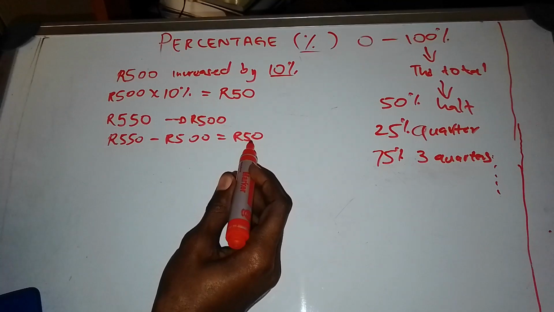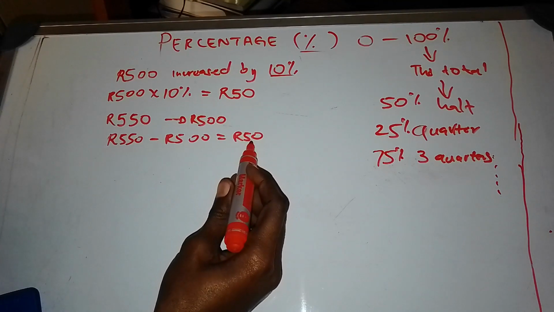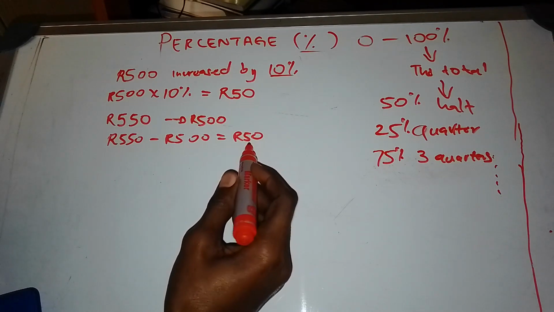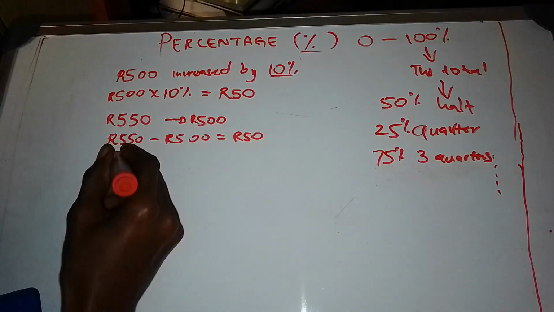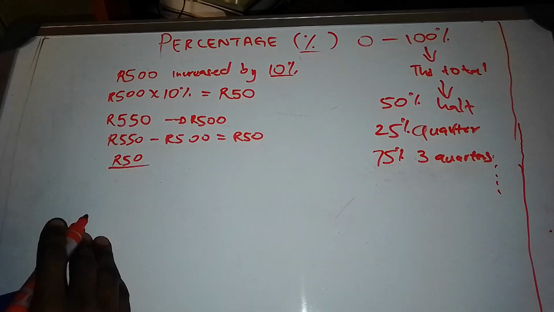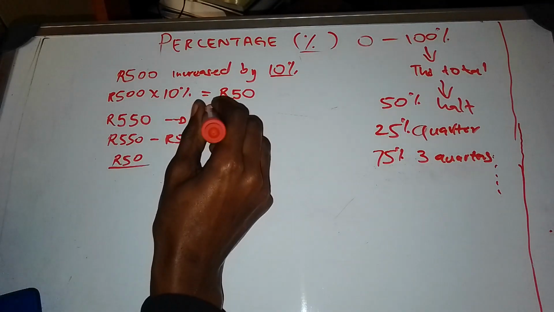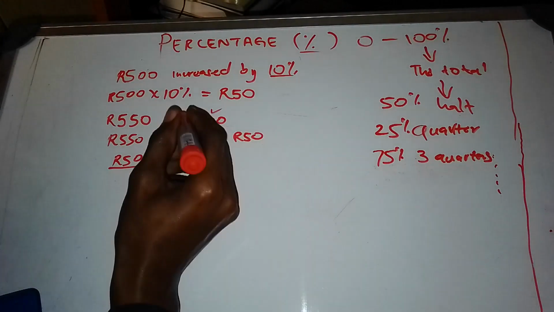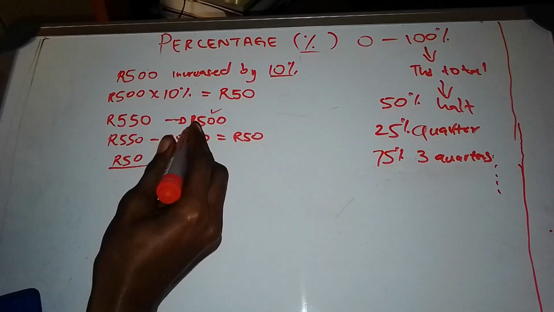Now you want to know this 50 rand in terms of percentage. So you will say 50 divided by the original price. The original is 500, right? Because in the previous month it was 500.